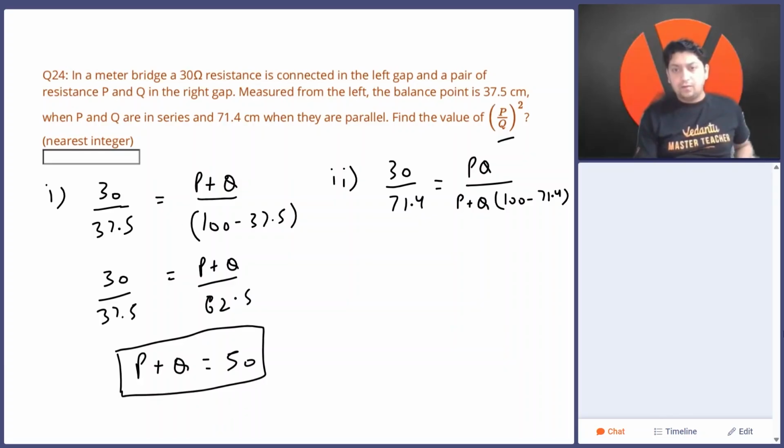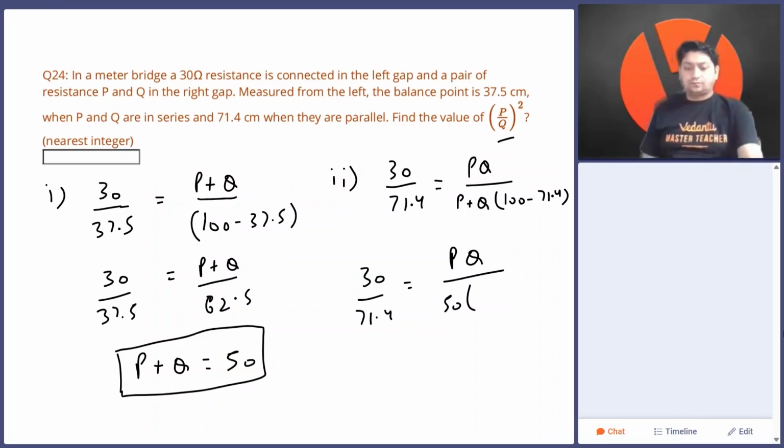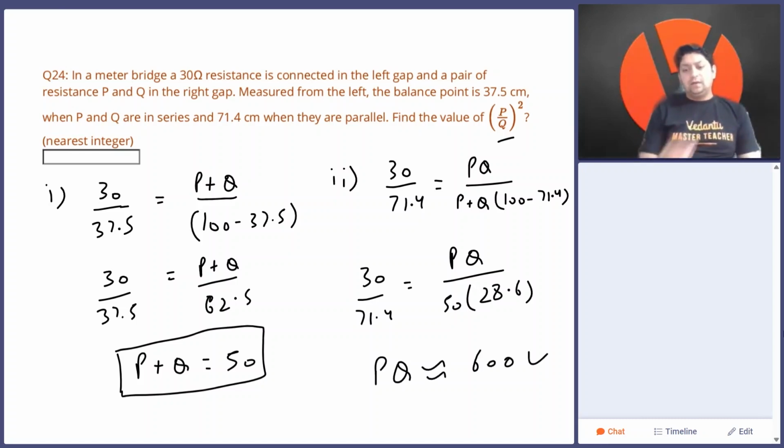And we can put this value of P plus Q over here. This 28.6 will be this value, and from here by calculation you can approximately find out the value of P into Q as 600.